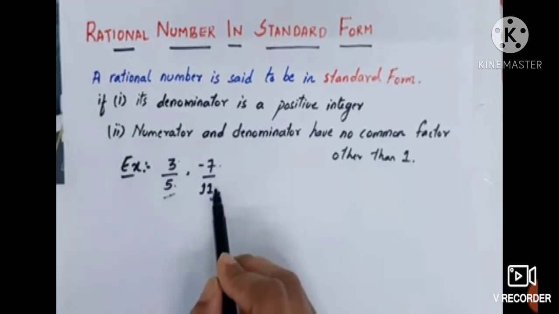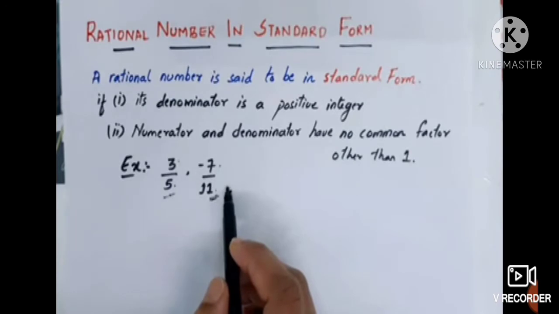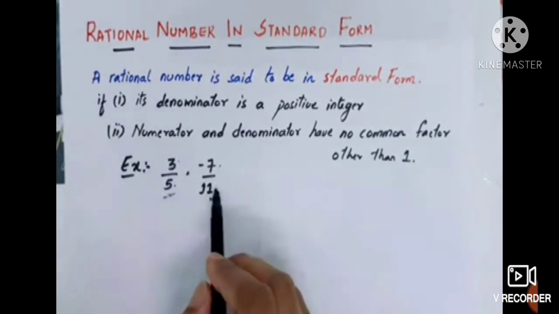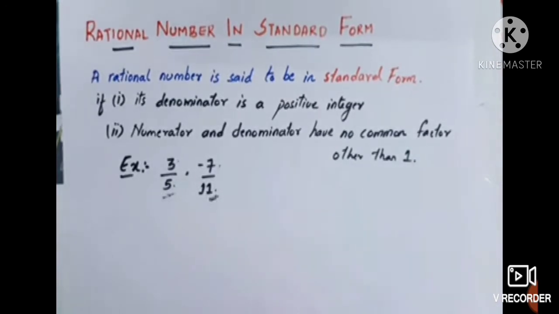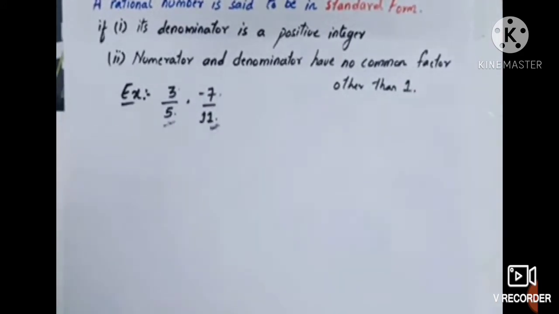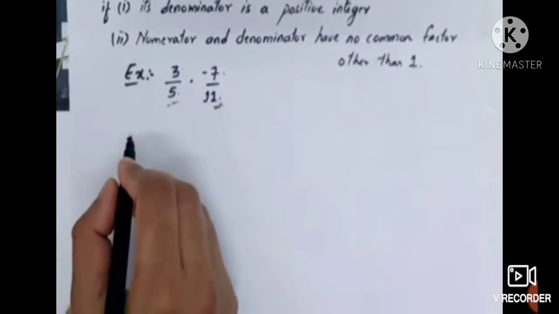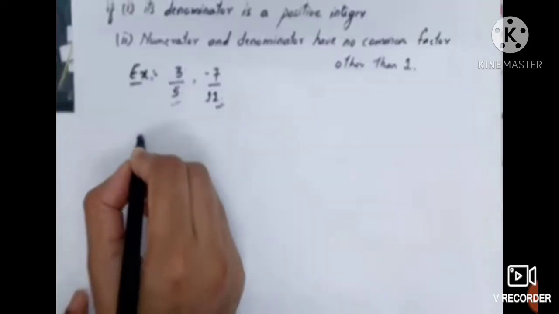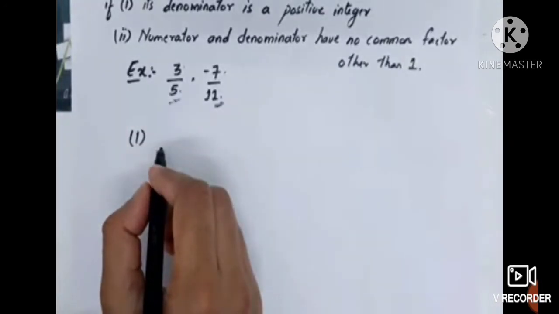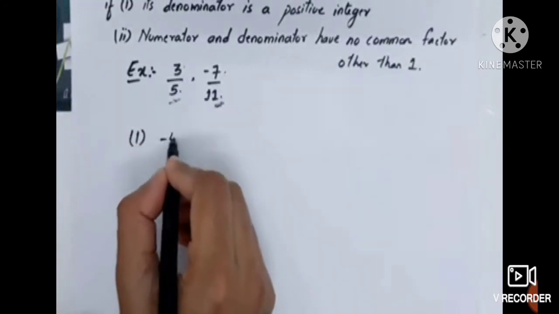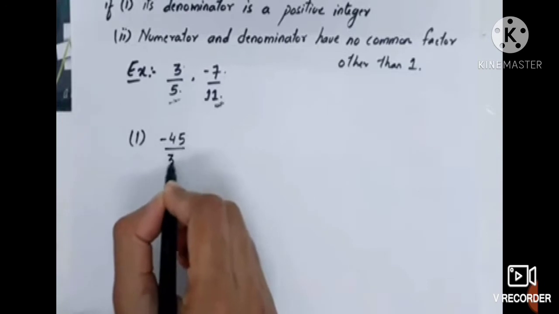Minus 7 by 11: the numerator and denominator have no common factor other than 1, and the denominator is a positive integer, so minus 7 by 11 is also in a standard form. A rational number is in standard form when the denominator is a positive integer and the numerator and denominator have no common factors other than 1.